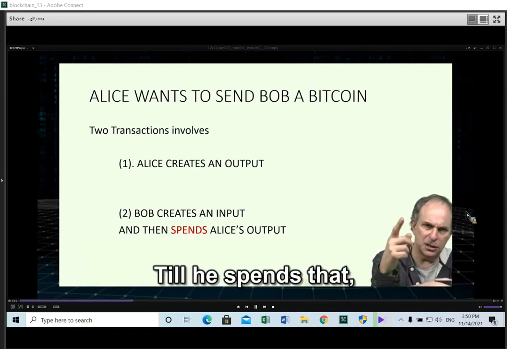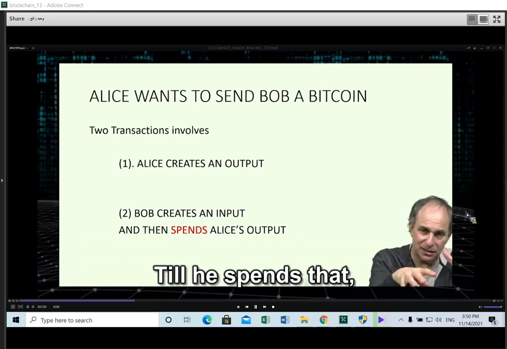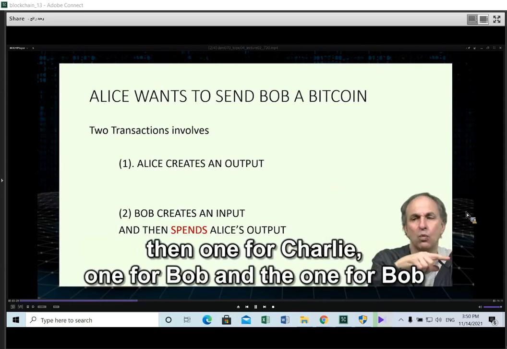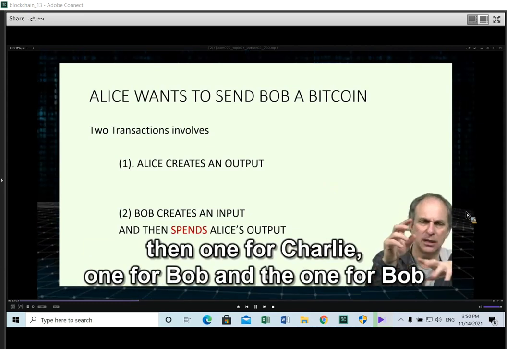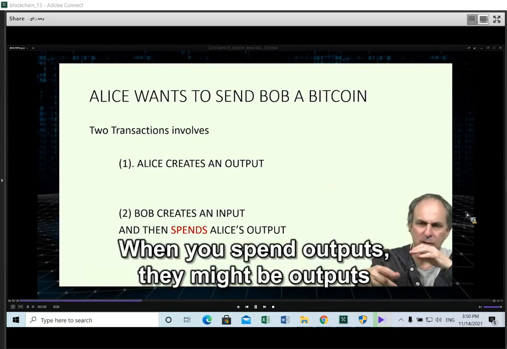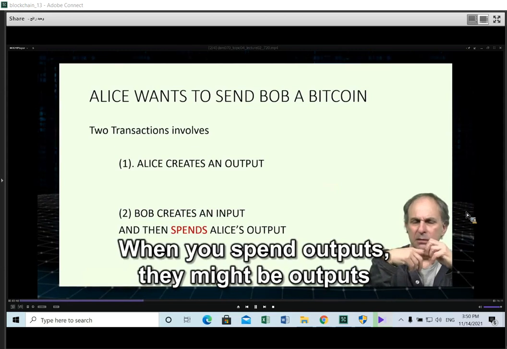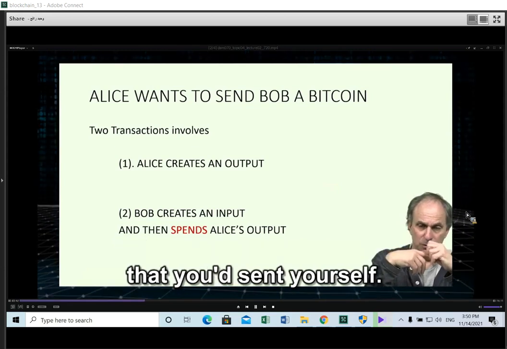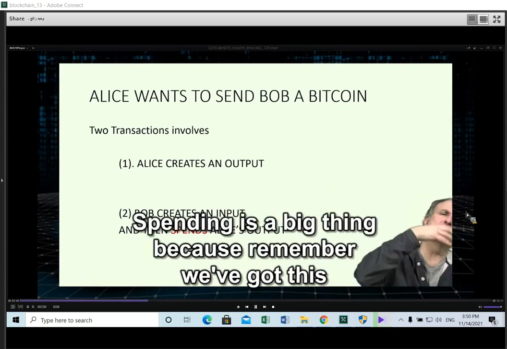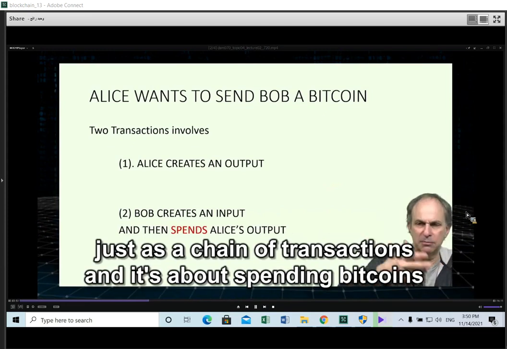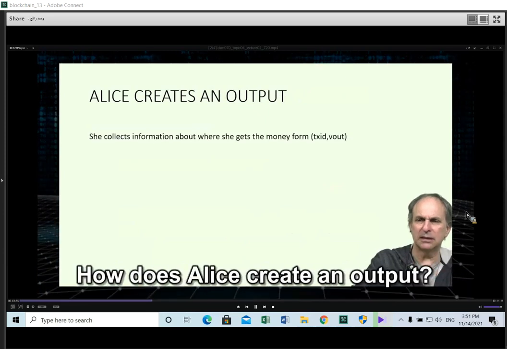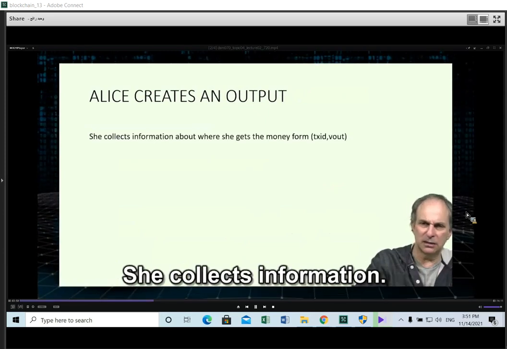So how does Alice create an output? She collects information. One important bit is she says where she got the money from. Where did she get the money from? And that is an unspent output that she's now spending. So that TXID V out on that slide is an unspent output, and what she's doing now is spending it.